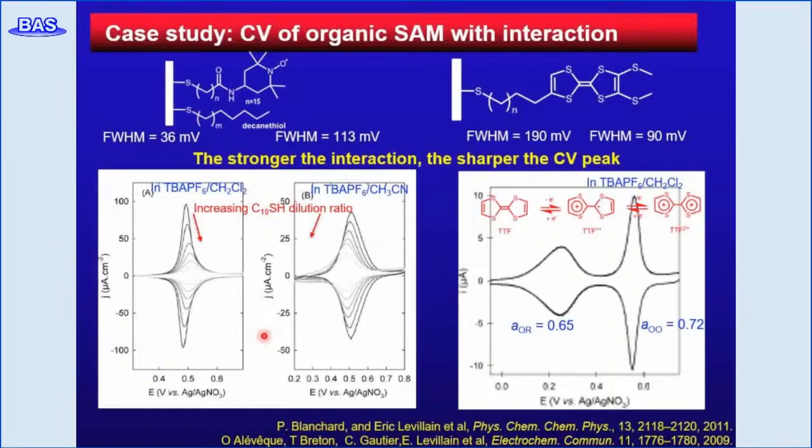Tetrathiafulvalene, abbreviated TTF, is known to form pi-stacking structures as organic conductors, and tetrathiafulvalene itself shows a two-step one-electron oxidation reaction to form the monocation and then the dication form. When the TTF alkanethiol was self-assembled on the gold electrode surface, two oxidation peaks with very different peak half-widths were observed.